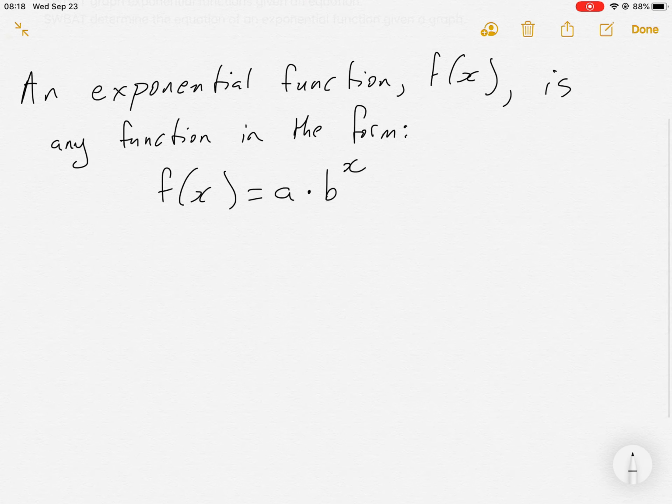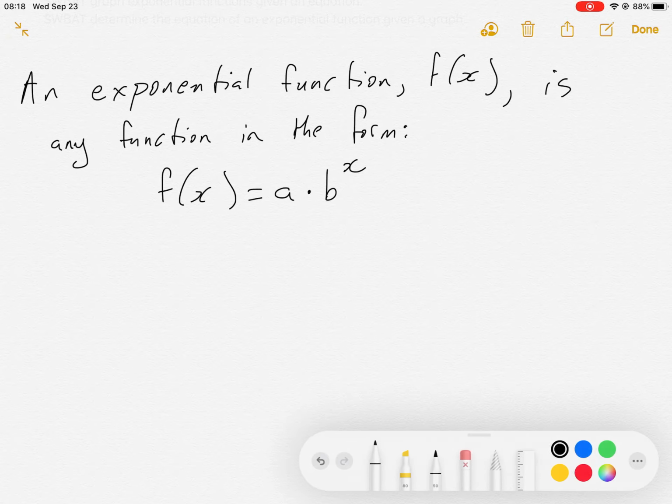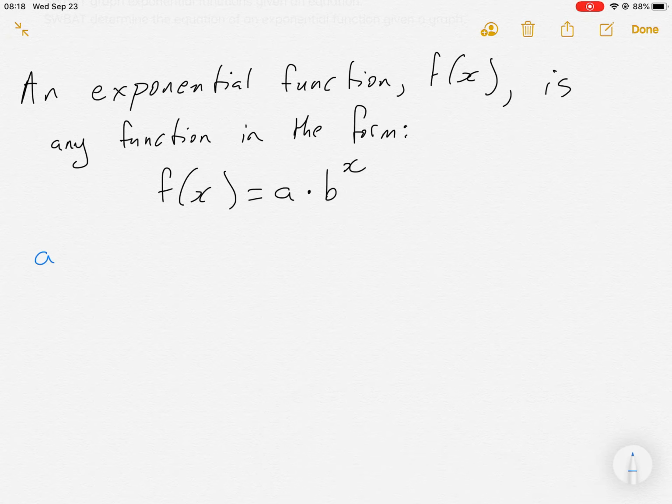So just like we have our general format for linears, for quadratics, everything, we have our general format for exponential functions. Now in this formula, a is usually what's called the initial value if we're doing a problem with context.